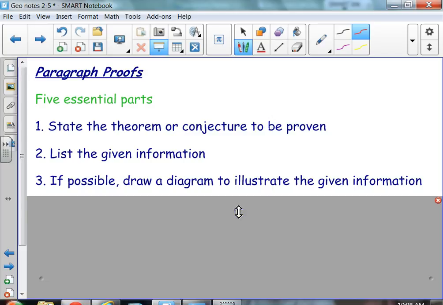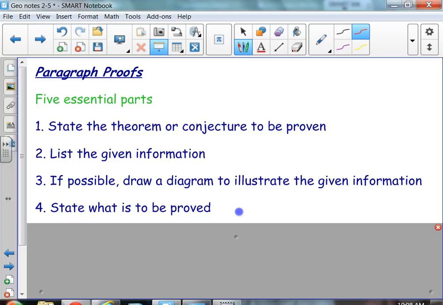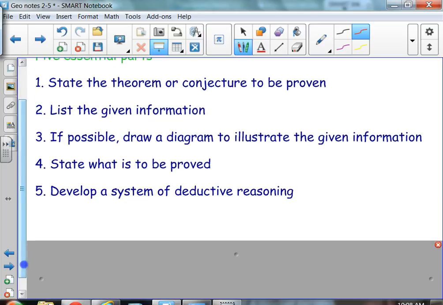By drawing it, it's going to let you visualize and see what you're trying to prove. It's going to make things easier on you. Number 4, you're going to state what is to be proven. And then the 5th part, develop a system of deductive reasoning. If you stick to these 5 things when you're writing your paragraphs, you won't miss anything.